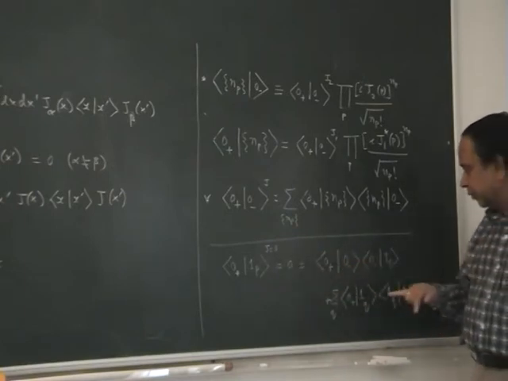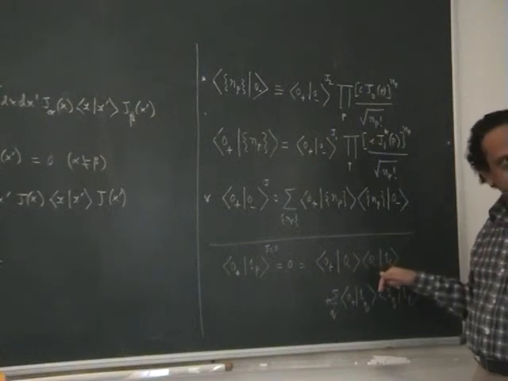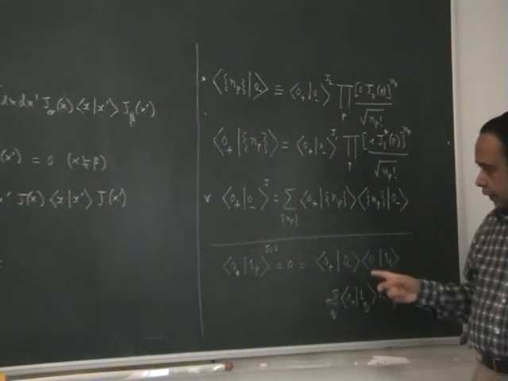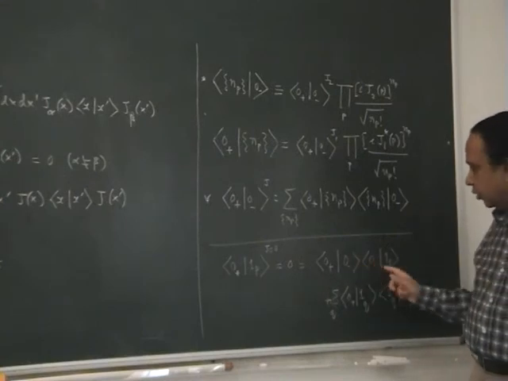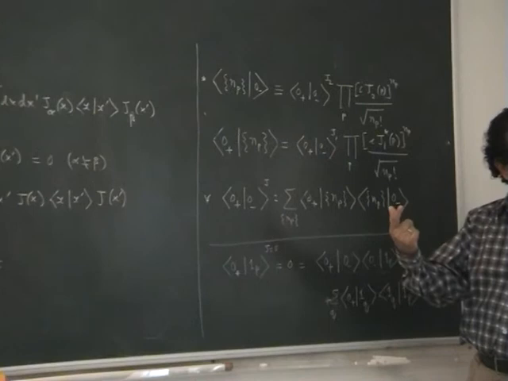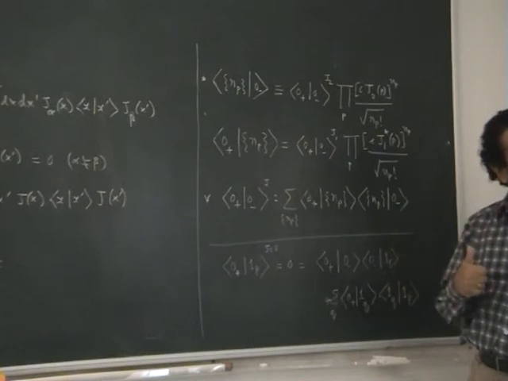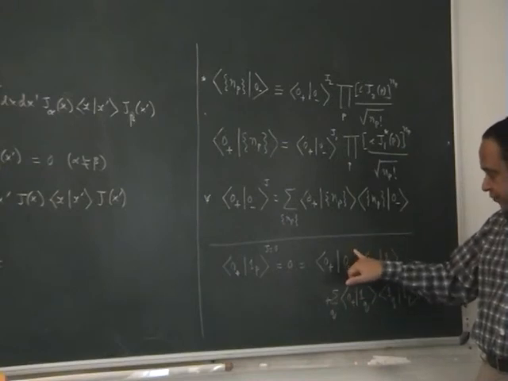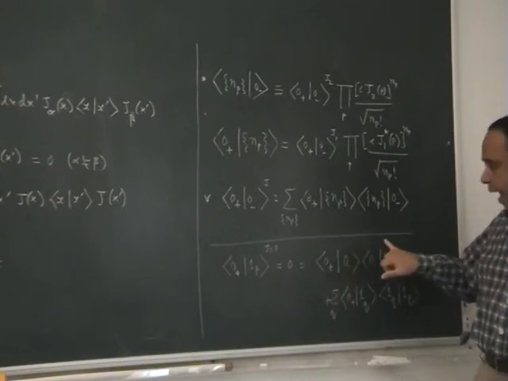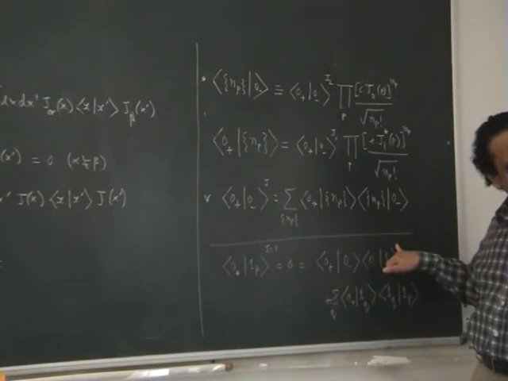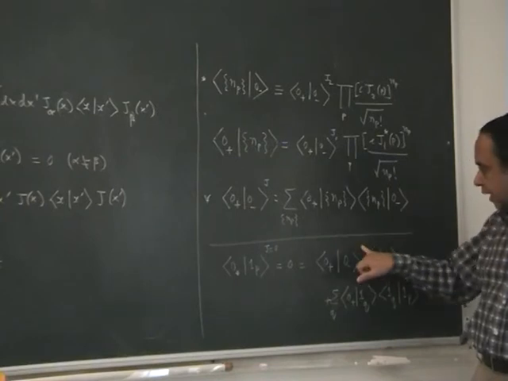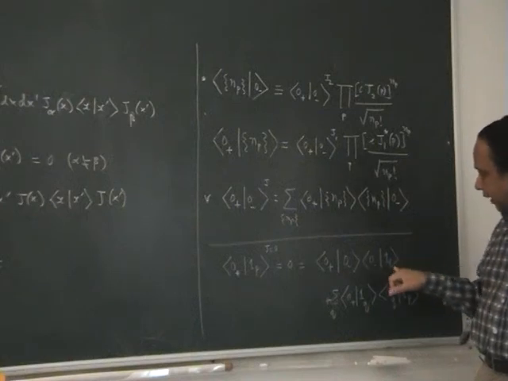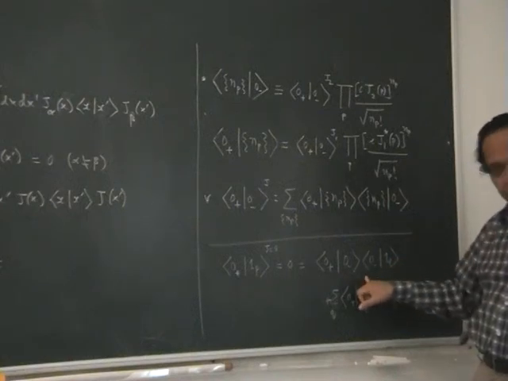Now what I argued was that if you look at this object, if I switch on J, the effect of J on both of these is second order. I want to stick to linear order in J. To the linear order in J, I can have presence of J here and absence of J here, or absence of J here and presence of J here. Now, in the absence of J, this is 0.